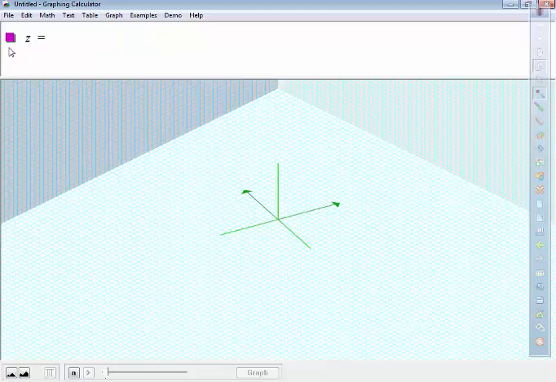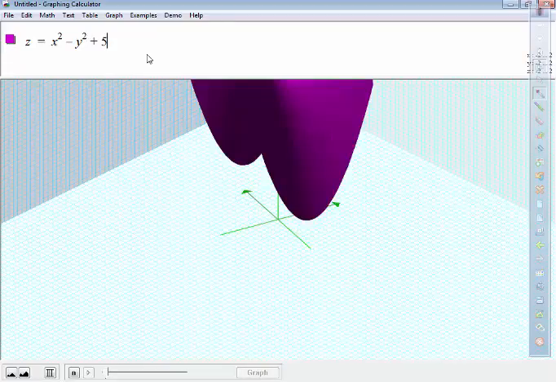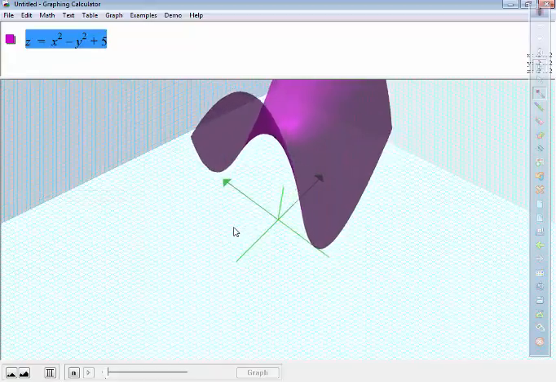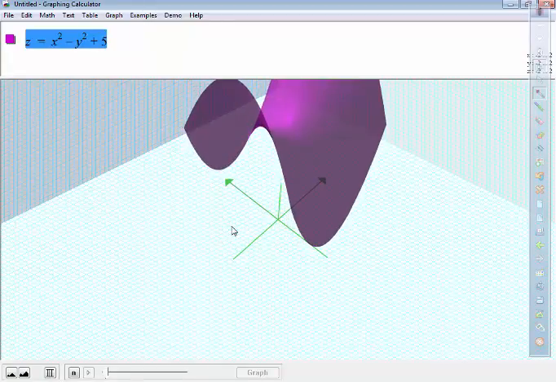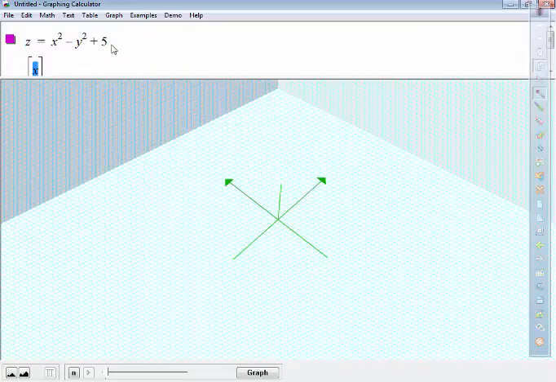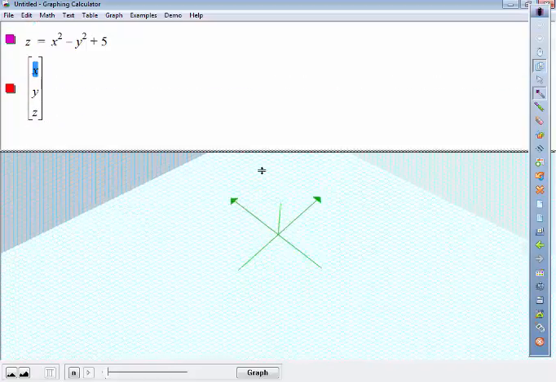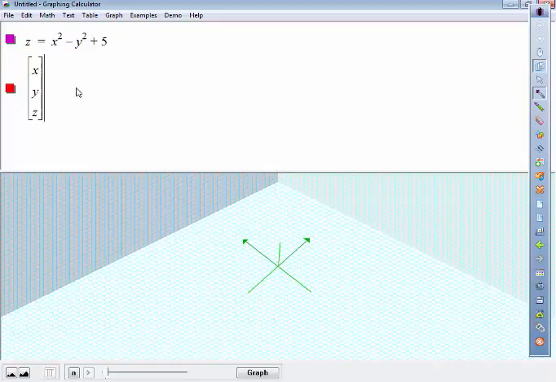So I have z is equal to x squared minus y squared plus 5. So that's my saddle. I have a curve, and for me to be able to draw this, I'm just going to set up my curve as if it was in 3 dimensions, and then I'll just put 0 in for the z component.